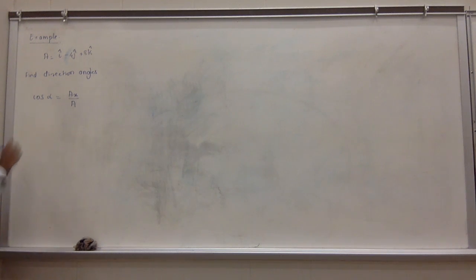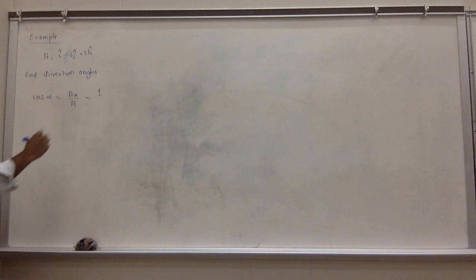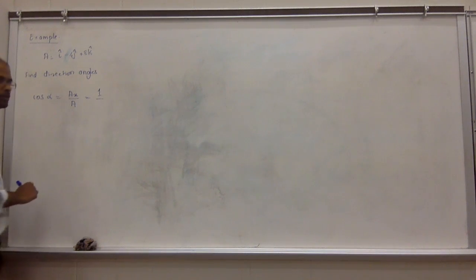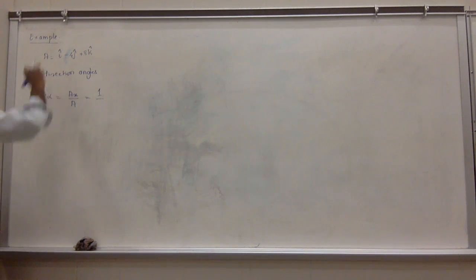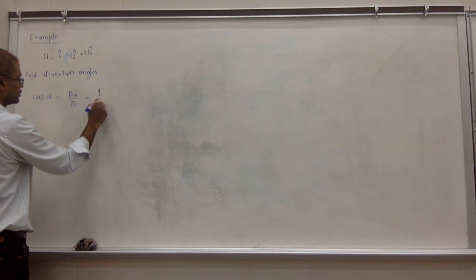What is a_x? It is the coefficient of i, so a_x is 1. And a is the magnitude, which is the square root of 1 plus 16 plus 64. That is 81, and the square root of 81 is 9.